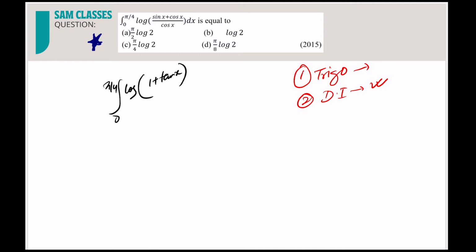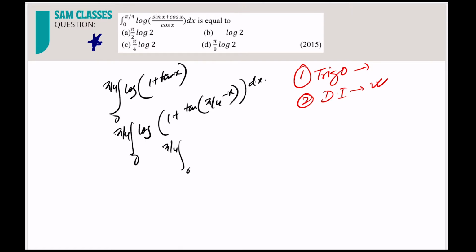Now we'll be using the property 0 to a f of a minus x dx. Okay, so it will be 0 to pi by 4 log of 1 plus tan of (pi by 4 minus x), dx. Now just expand it. So 0 to pi by 4, what do you get?